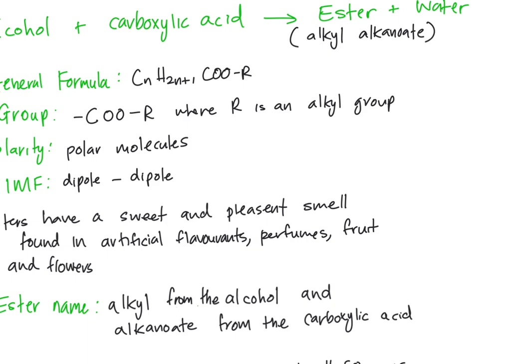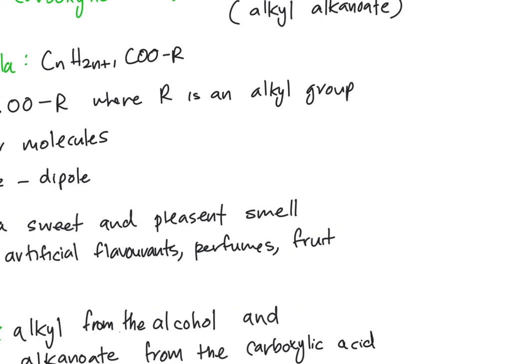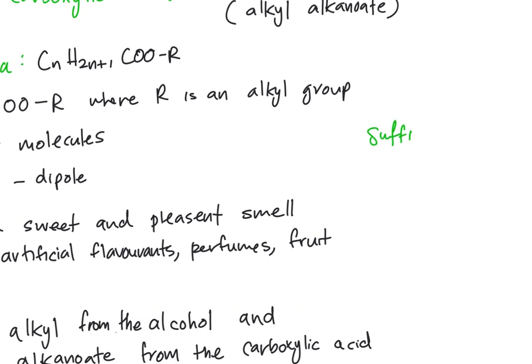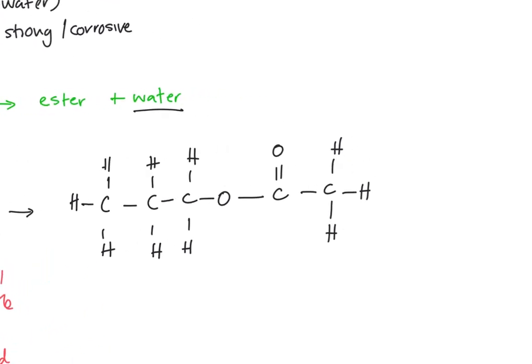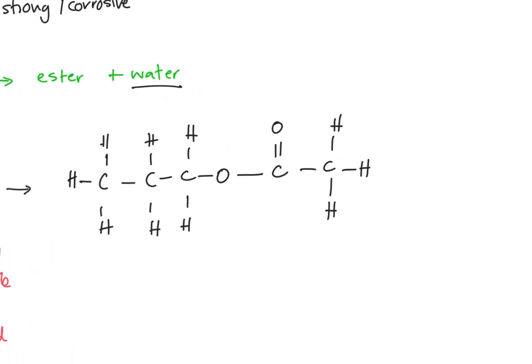Another thing we should note down is that the suffix for an ester is -oate. When I need to name my ester, it's propanol, so it's going to be propyl, and it's ethanoic acid, so propyl ethanoate.